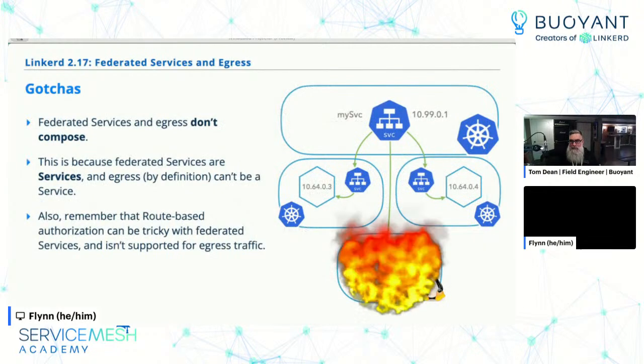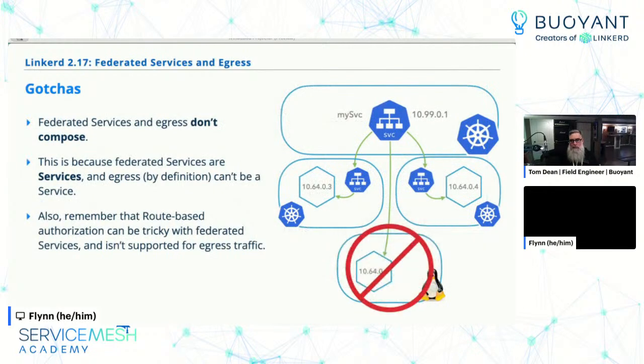Finally, federated services and egress do not compose. Actually, not finally, there's one more after this, but they don't compose because federated services are services and egress by definition is not a service. So this really makes sense.